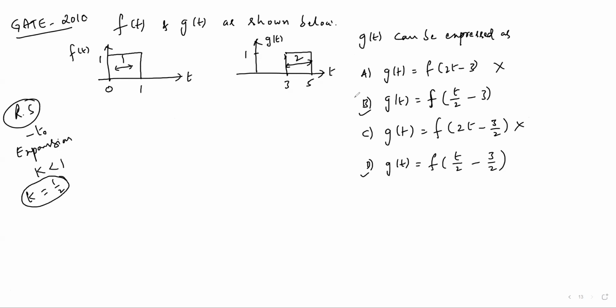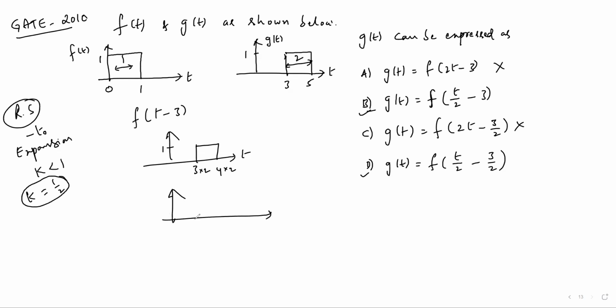So I will plot both these signals. Let us verify them. G of t is equal to f of t by 2 minus 3. I will plot first f of t minus 3, and then t divided by 2. That means here multiply with 2.